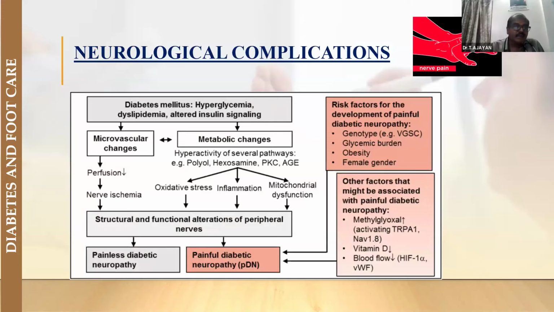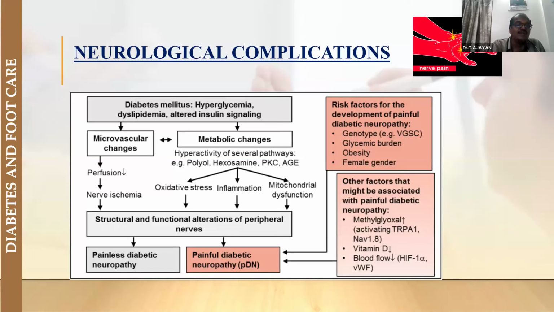Another major chronic complication is the neurological complication. The neurological complication is mainly due to either microvascular changes or metabolic changes. In microvascular changes, perfusion is decreased, which can lead to nerve ischemia.